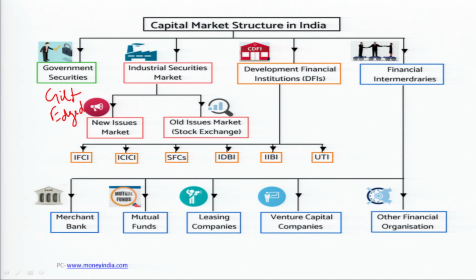Next are financial intermediaries. These financial intermediaries play an important role in promoting the capital market structure in our country, and they help customers at every point, like merchant banks, for example Punjab National Bank, State Bank of India, etc. Mutual funds, whether open-ended or closed-ended funds.